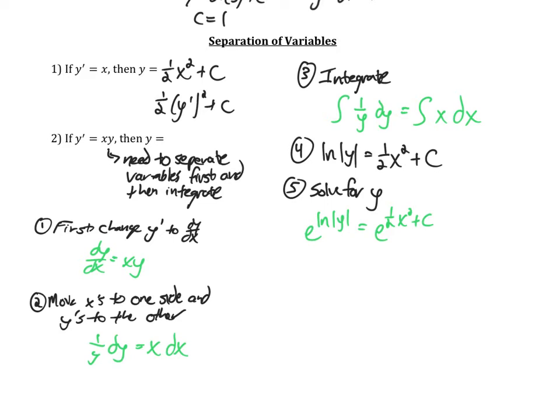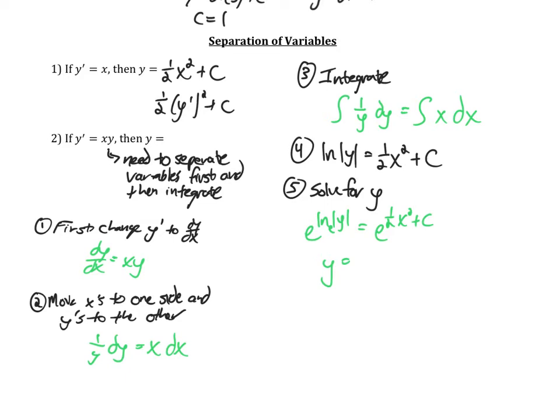E to the ln of y, if you remember your properties of exponents, if the base of your exponential and the base of the ln in your exponent are the same, it simplifies to whatever's inside the parentheses, which is just y. You can drop the absolute value at this point.